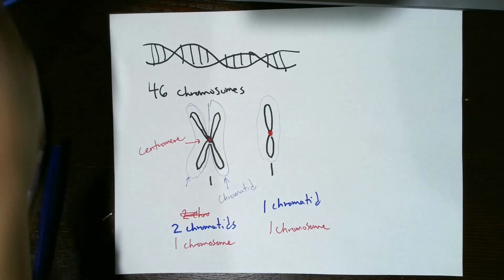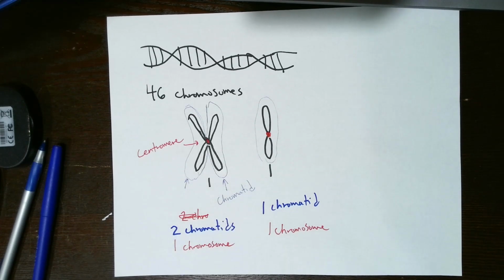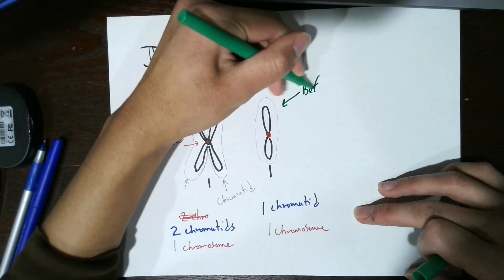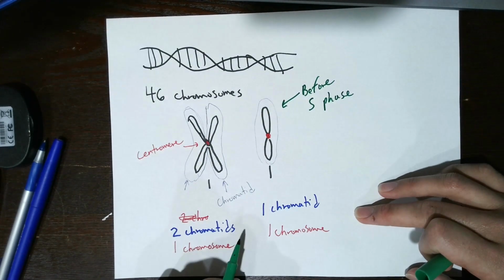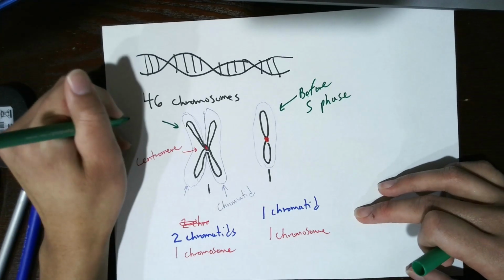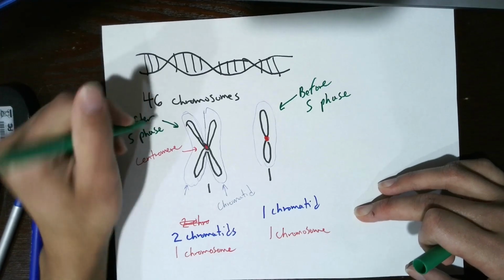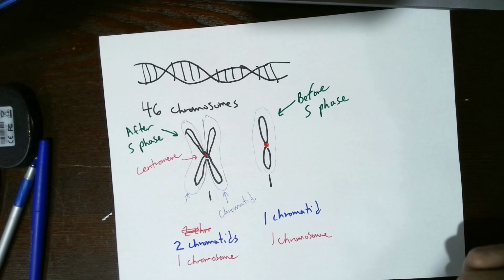So another distinction I'll give you is when a chromosome looks like this and when it looks like this. It looks like this before the S phase, and it looks like this after the S phase. If we remember from the cell cycle, the S phase is when the DNA replicates.